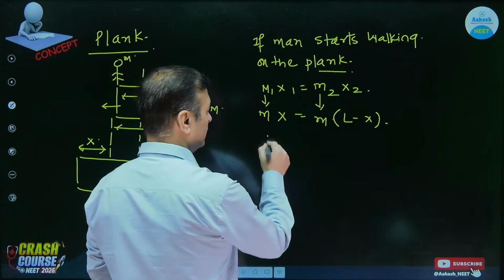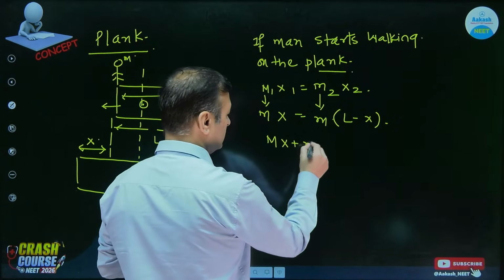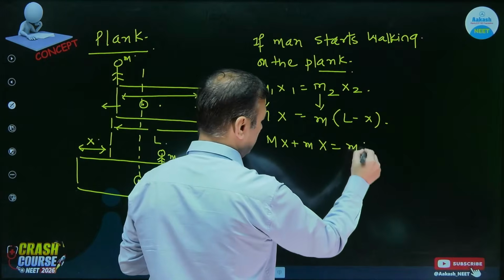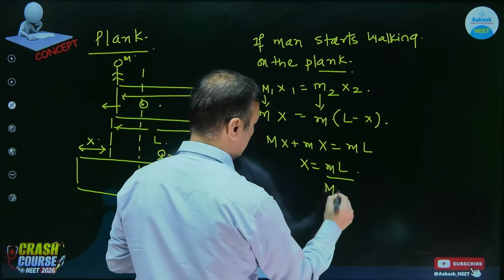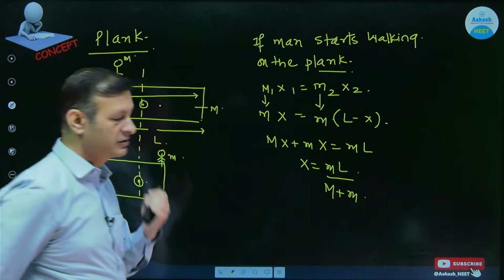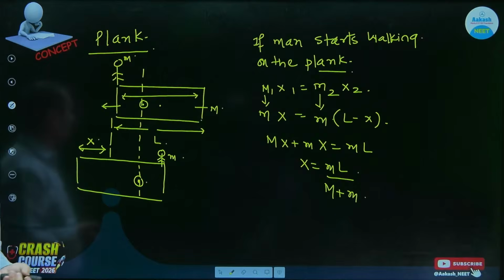When you solve this, you get Mx plus mx equals mL. So x we can put as mL by M plus m. Got it or not?